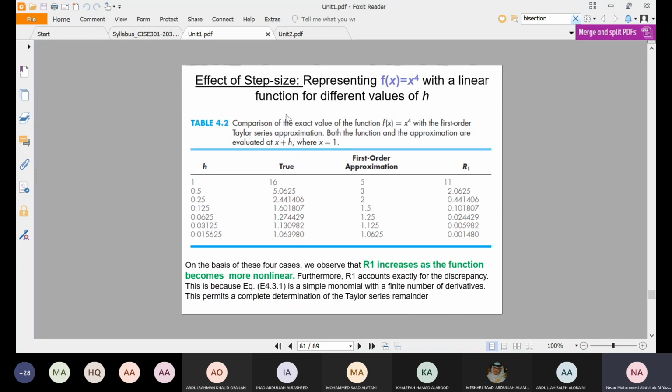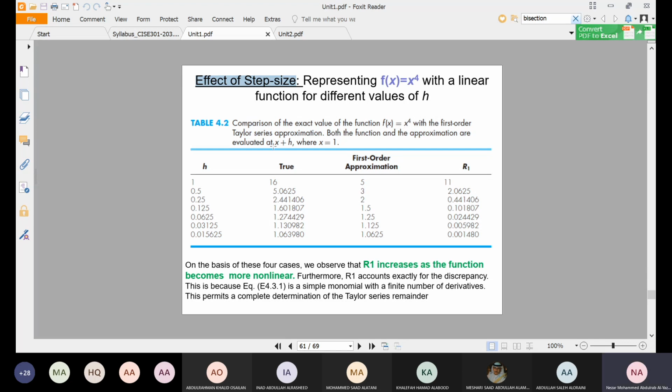The second thing that we also want to evaluate is the effect of the step size. We said the step size is h, just the difference between the center point and the point that we want to estimate the value at. So here we use the highest order of the function, where f of x equals x to the power 4.